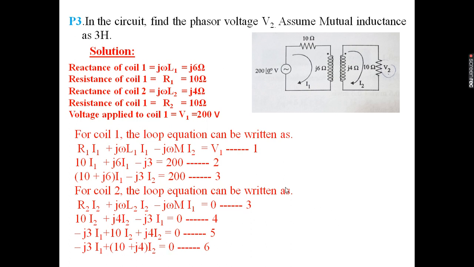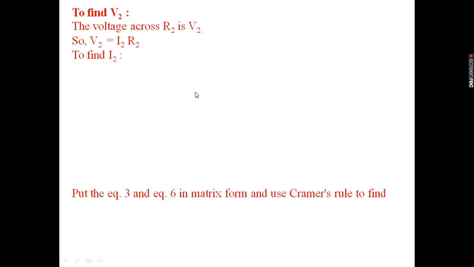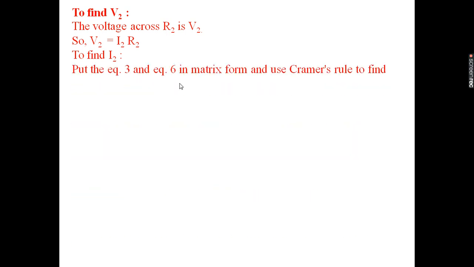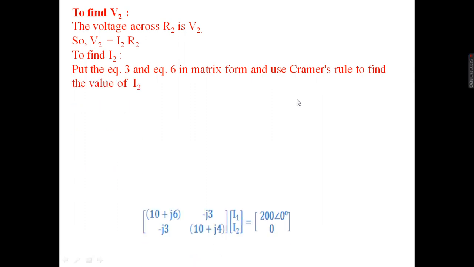So we got two equations. Take equation number 3 and 4, put into matrix, so that we can find the current I2. We need V2. V2 is nothing else but the voltage across R2, which means V2 is equal to I2 R2. That means we have to find the unknown current I2. For that, we make equations 3 and 4 into matrix form, and we use Cramer's rule to find the value of I2.